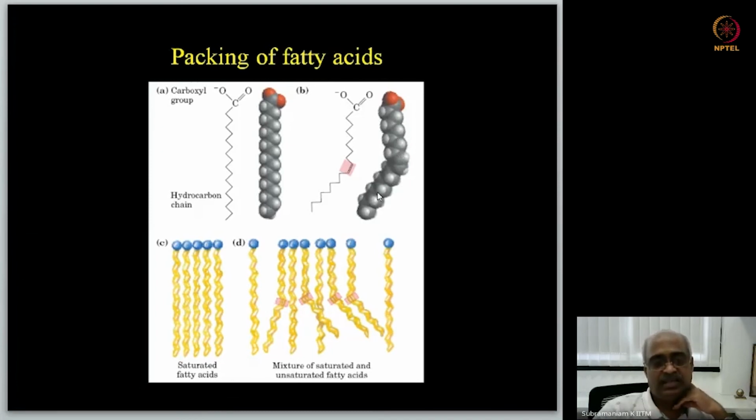As a result, these molecules, unlike the fully saturated ones, as you can see here, they can compactly pack. These don't pack very well. So these molecules tend to be liquid at room temperature while these are solid.